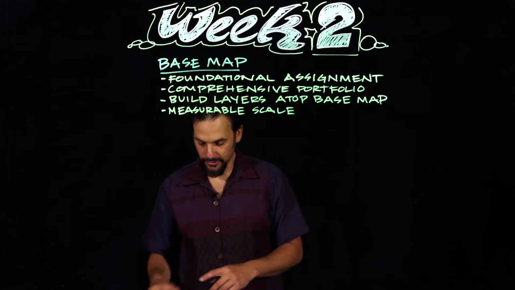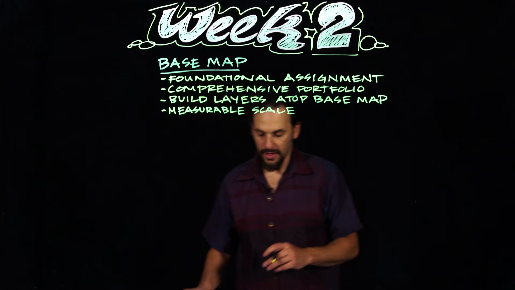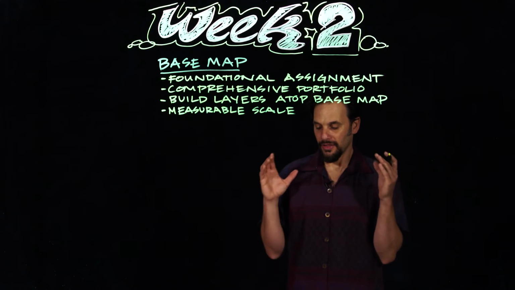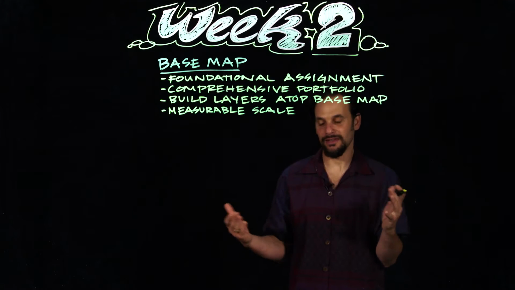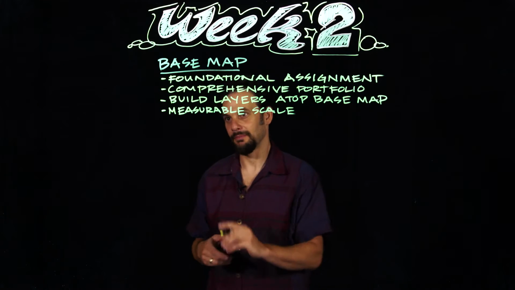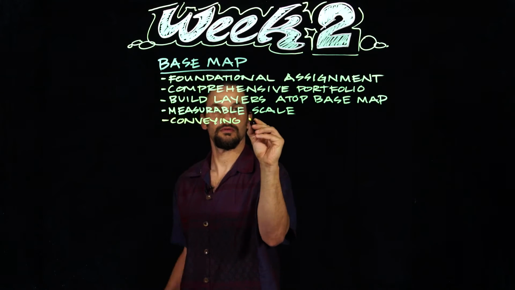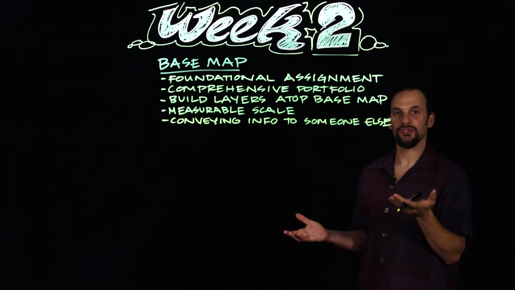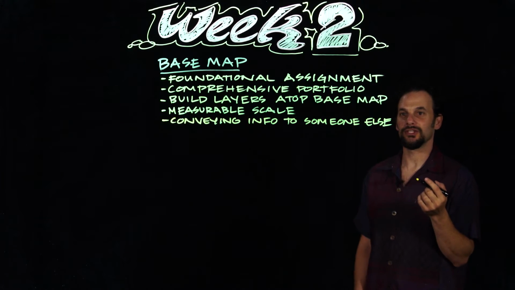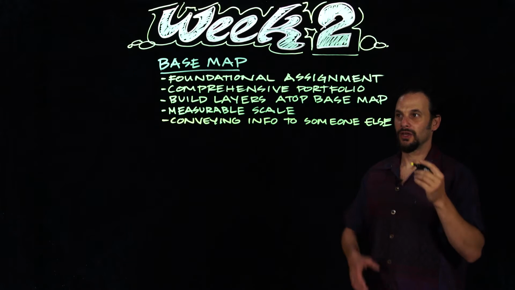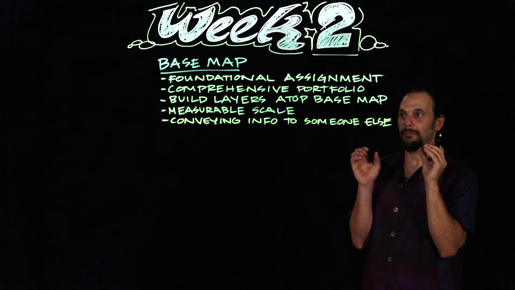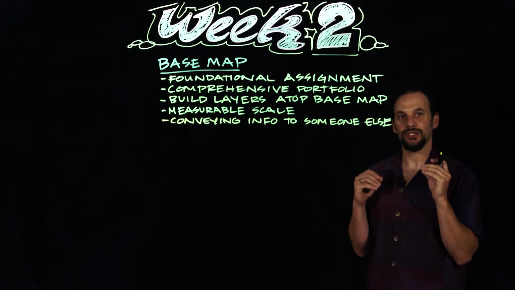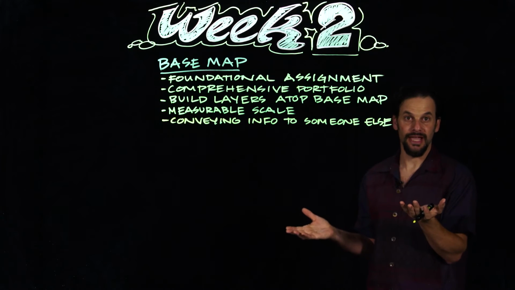And another thing is just the purpose of all of your maps. You have to remember that you are conveying information to somebody else. So whether that's your fellow students, or whether it's your instructor, you need to create your map so it's not just legible to you, but it's actually legible to another person looking at it.